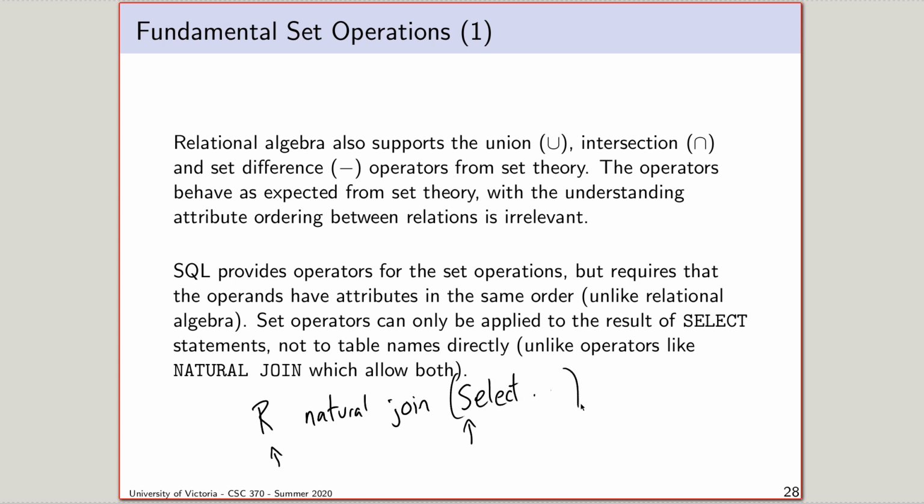The operand of the natural join can be an actual physical table or the result of some nested query, which we expect because the result of a query and a table that we take off of disk are both relations. What's weird is that because of the way SQL was defined, and I haven't really been able to come up with a good answer for why this is, I think it's just some historical baggage that we have to live with.